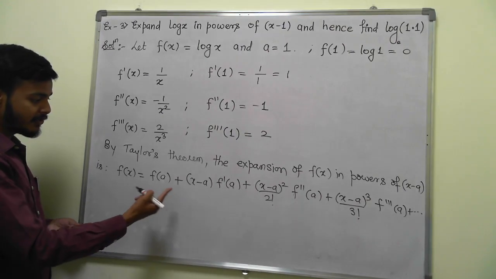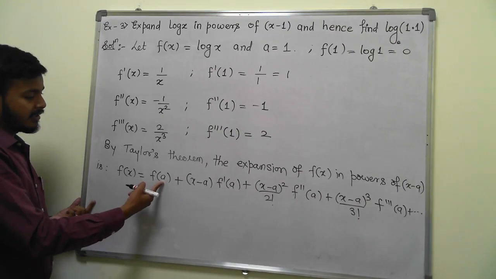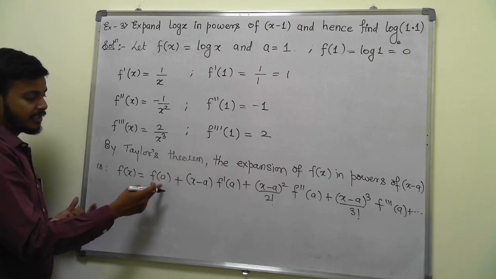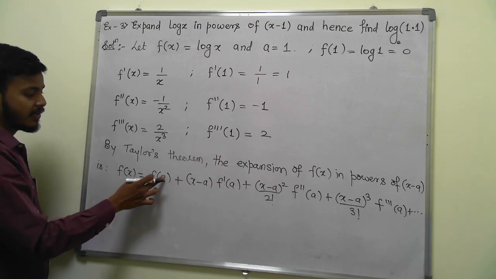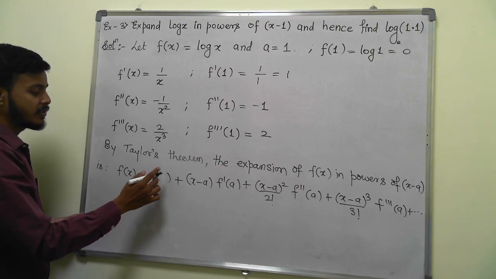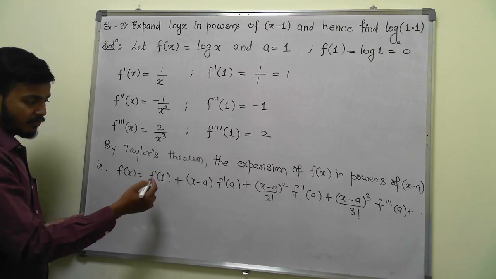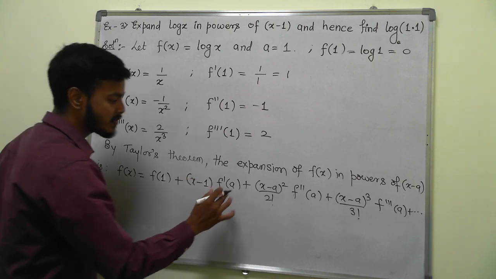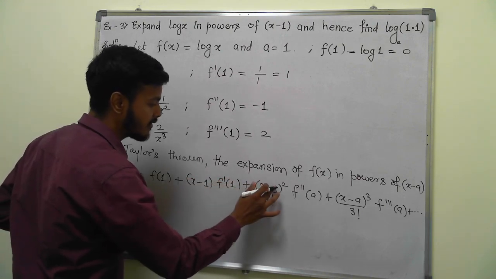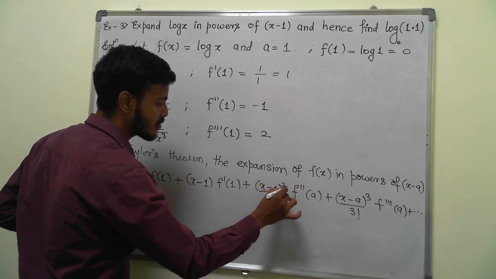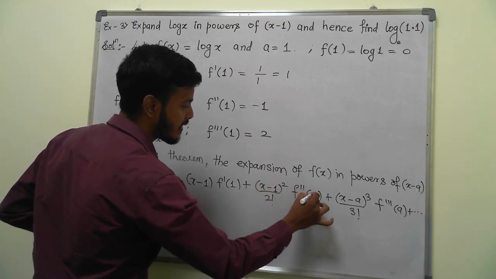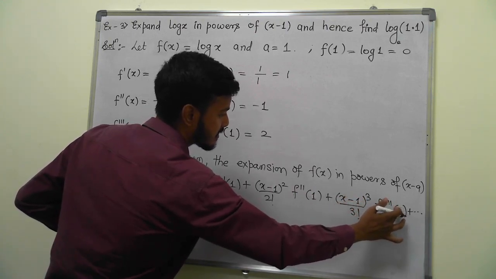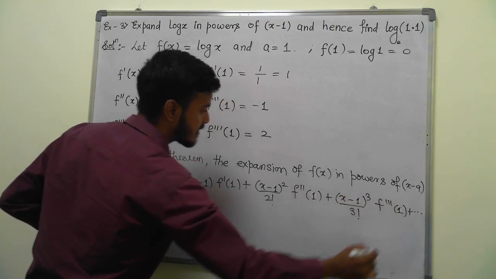Now you have the value of a, so first of all you put a as 1. When you substitute a as 1, in the next step you write f of 1, x minus 1 times f dash of 1, x minus 1 square times f double dash of 1, like this.